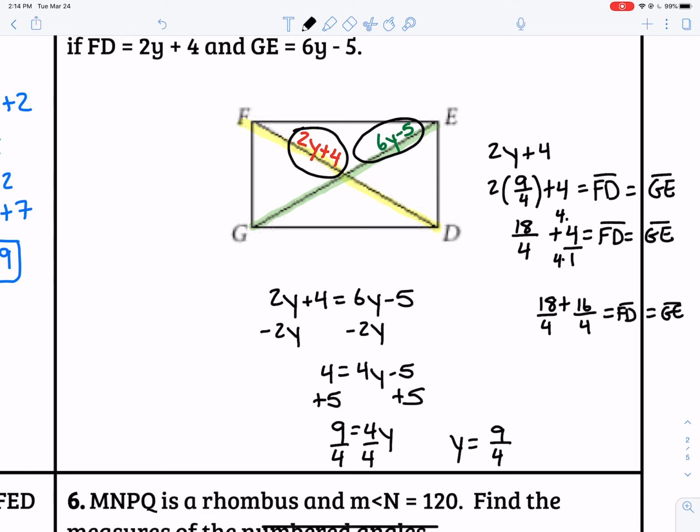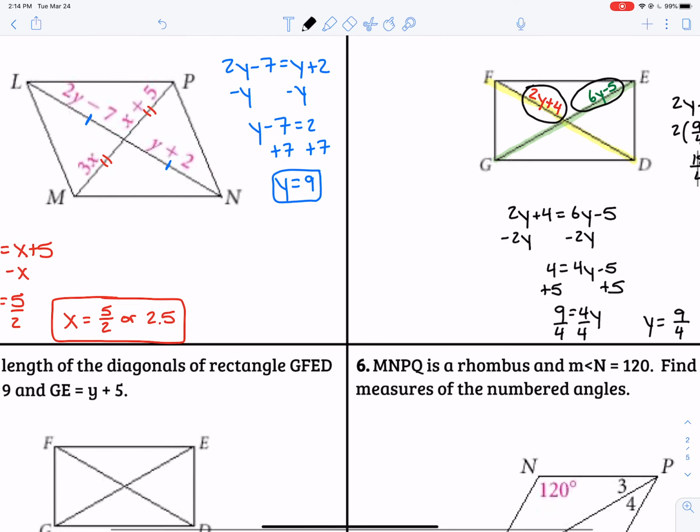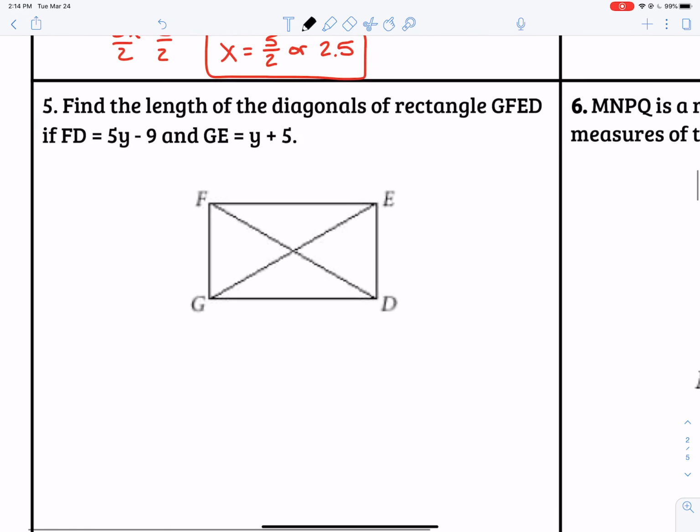So 18 plus 16 would be 34 over 4, or 17 over 2, or we could say that is 8.5 is our length of our diagonal. So you could certainly use your calculator to help with that. I was just working it out by hand. All right, let's take a look at number 5.